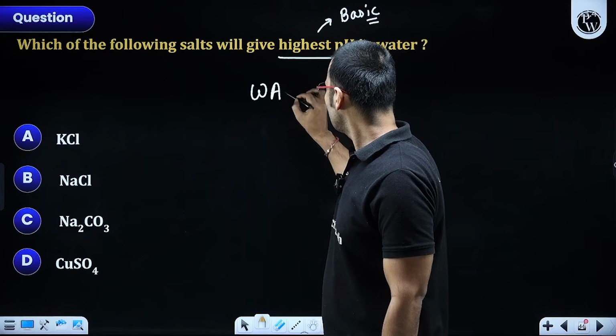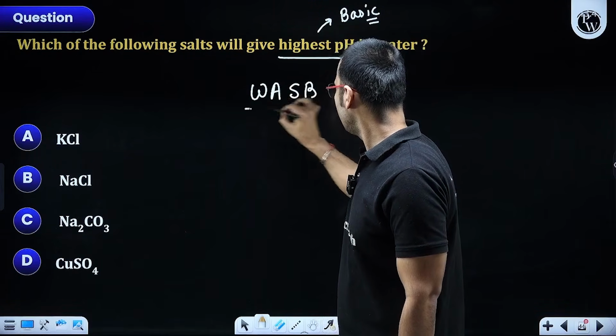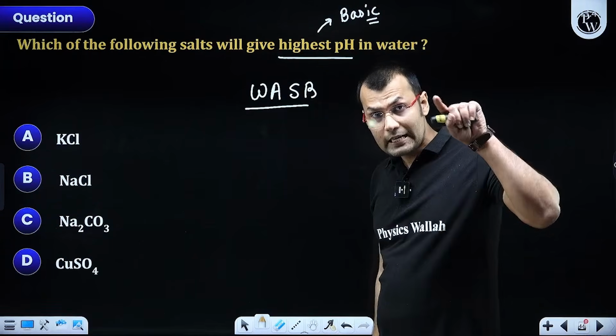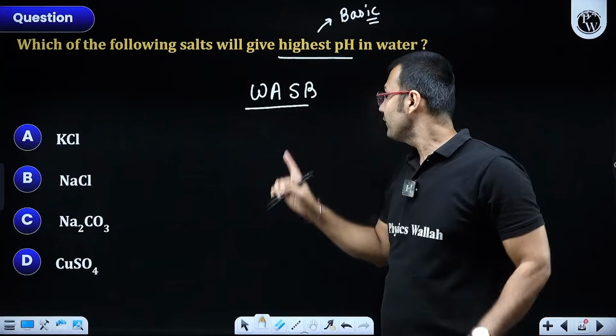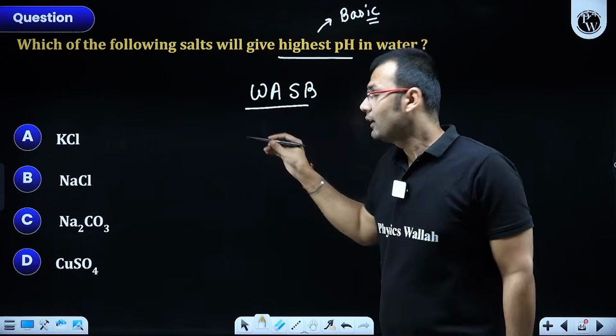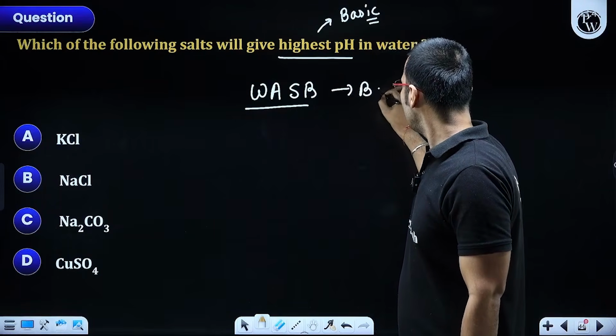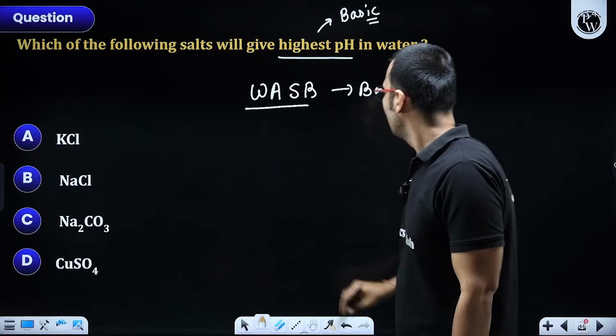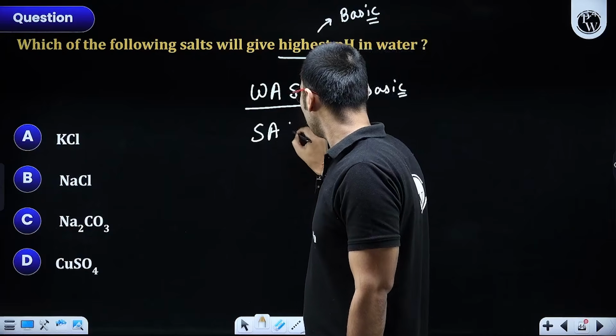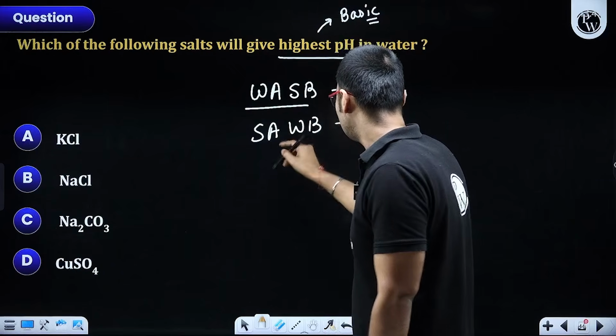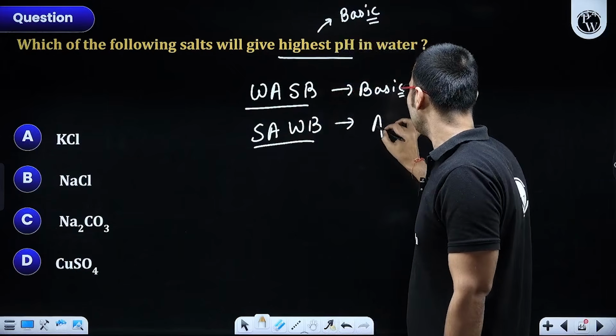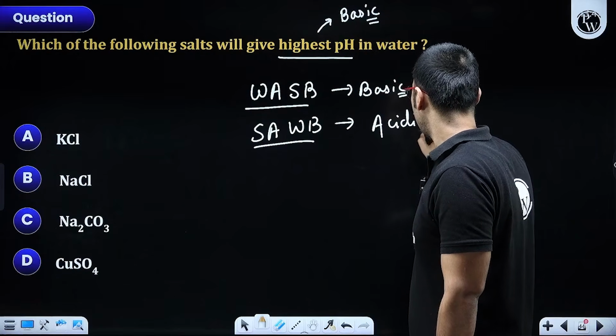If you have a solution of weak acid, strong base, since it is made up of a strong base, this type of salt will be automatically basic in nature. If you have a salt of a strong acid, weak base, this type of salt will be 100% acidic in nature because it is made up of a strong acid.